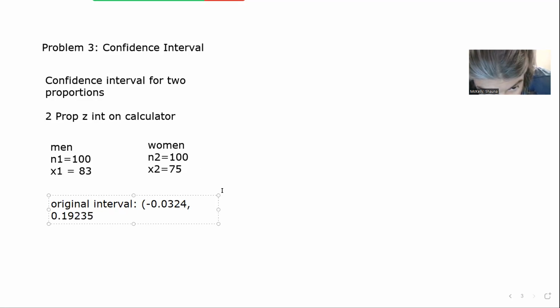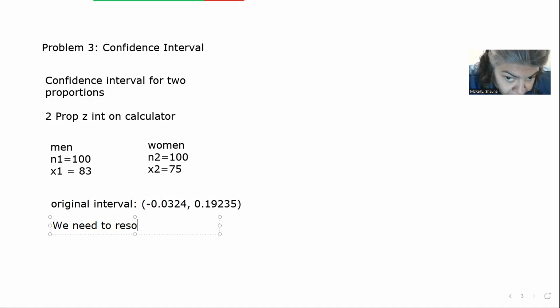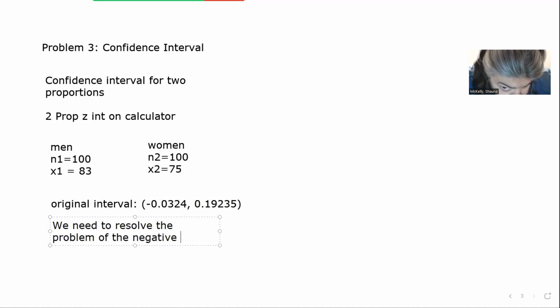Okay, or 24 if you want to make, we'll fix that in a second. But now, if these are both positive, then you go on and make them percentages and you're on your merry way. However, we need to resolve the problem of the negative left endpoint.